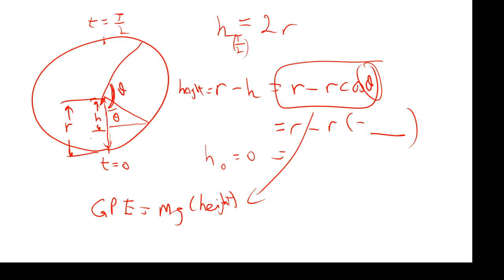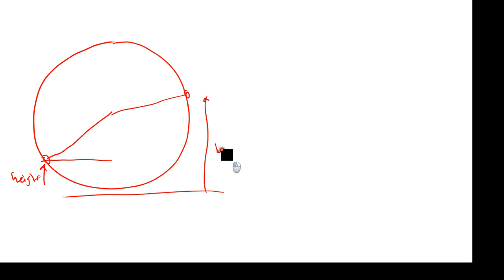Okay, let me use the next page. Now I draw slowly and carefully. I draw a circle. Let's say the man is here. This is my height. If the man is here, this is my height from the ground.